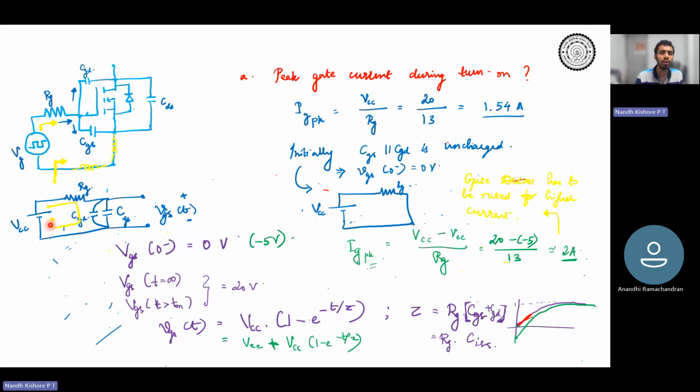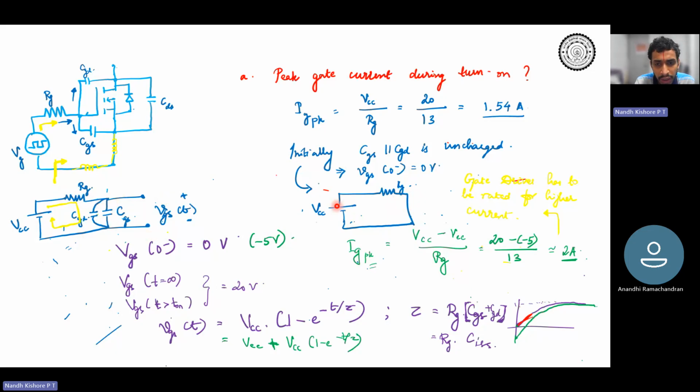To answer this particular question, we wrote that initially this capacitance is uncharged, which can be whatever is VEE. In our case, VEE was zero. So the initial current would be directly VCC by RG because the capacitor is uncharged, so I have just shorted it over here.